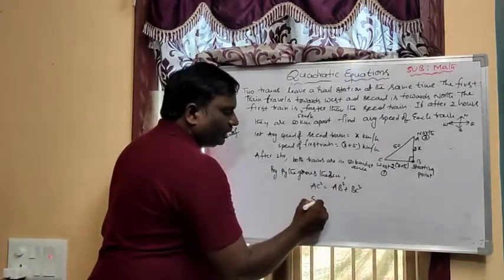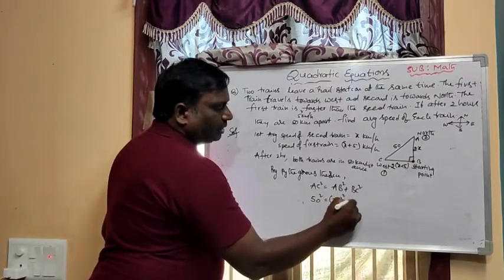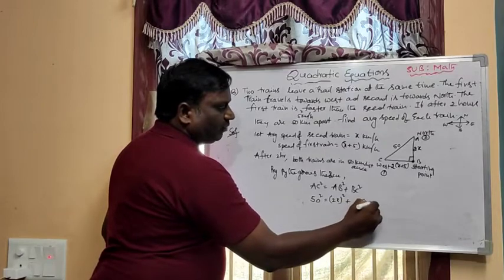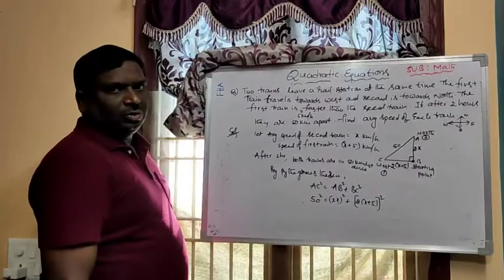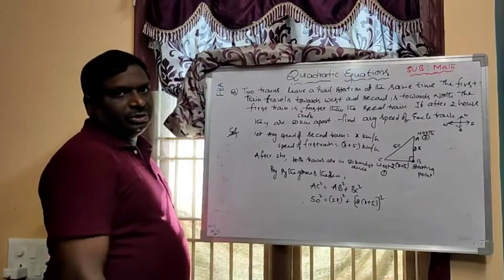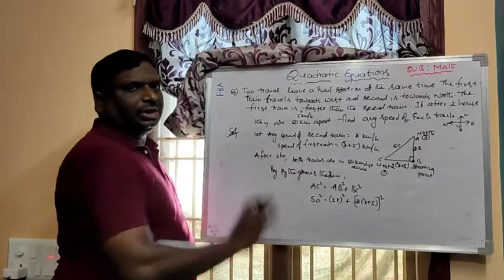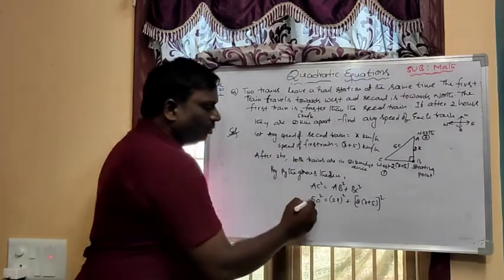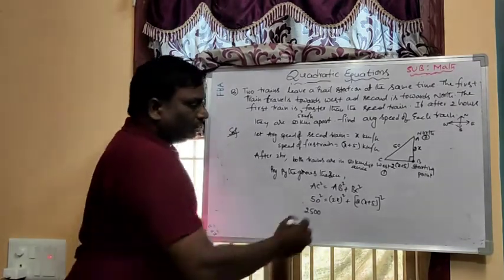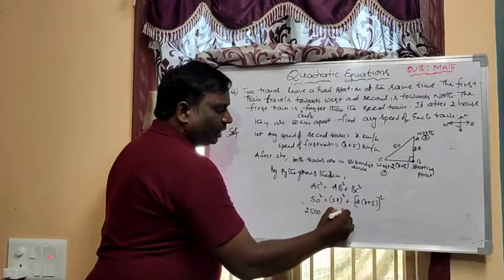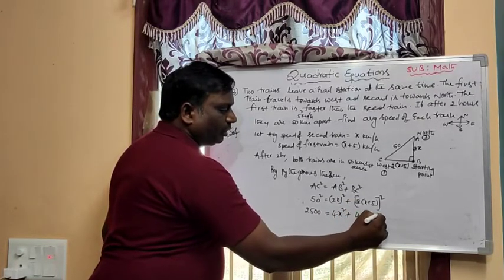That is 50 square equals 2x whole square plus 2 into x plus 5 whole square. Already I framed the equation. If you frame the equation, definitely you can solve it by the factorization method. Now 50 square is 2500, equal to 4x square plus 4 into x plus 5 whole square.